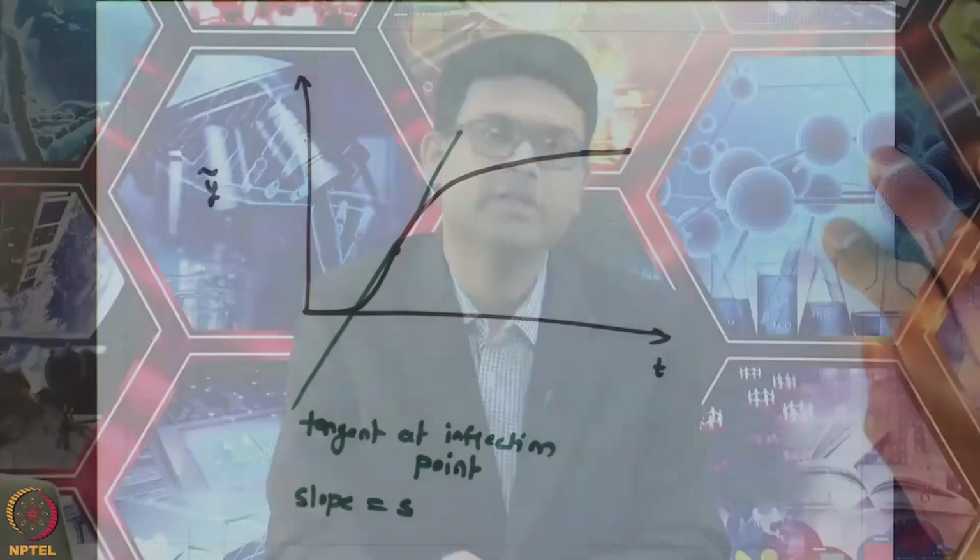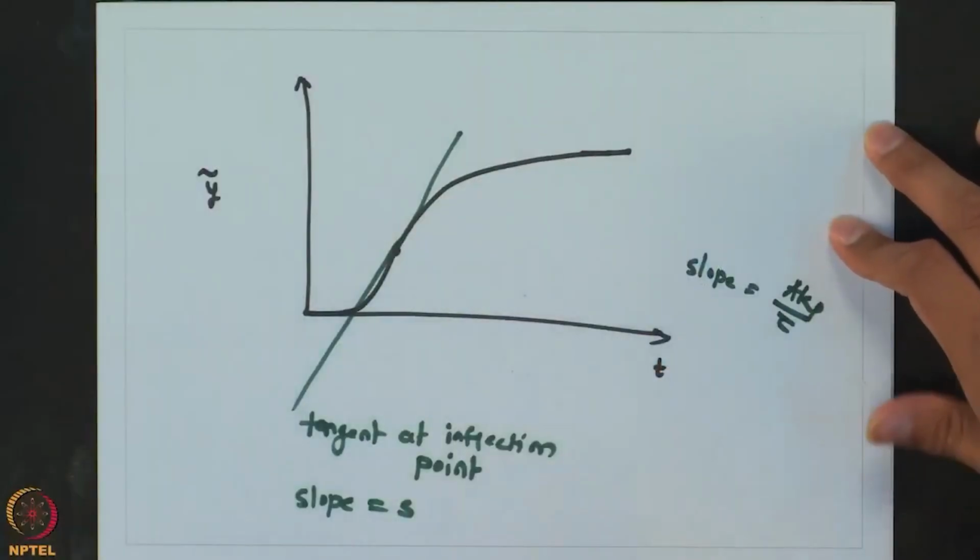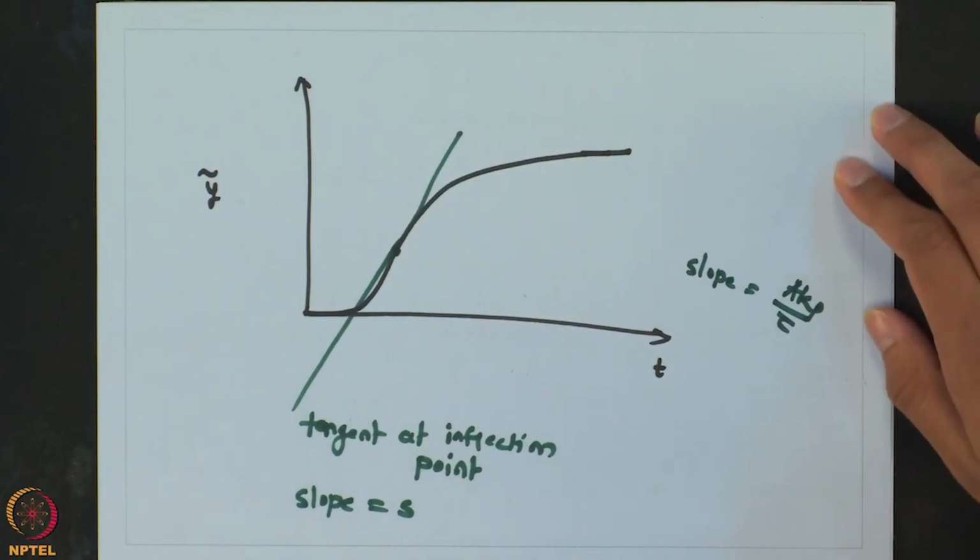From the first order dynamics lecture, you should recall that the slope of the first order response at time t equal to 0 is given by A Kp over tau. So we'll make use of the same relationship.